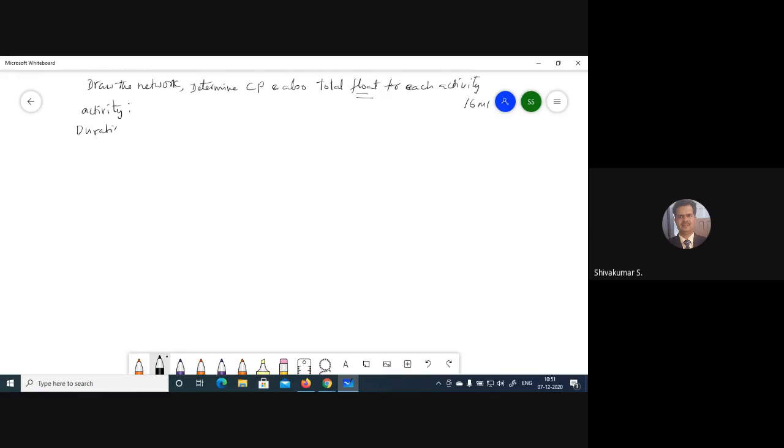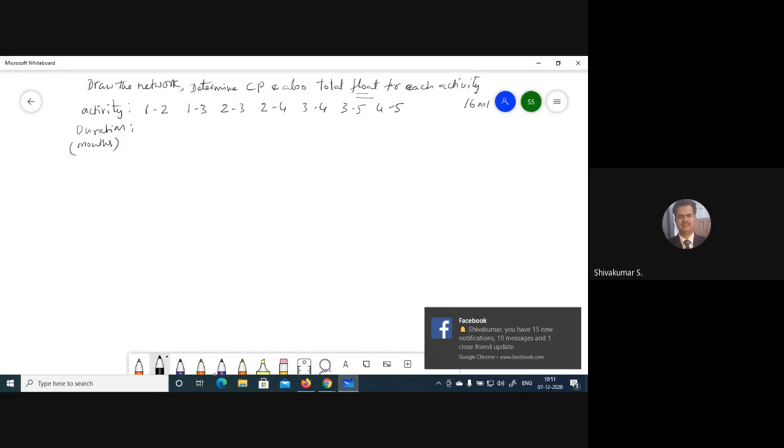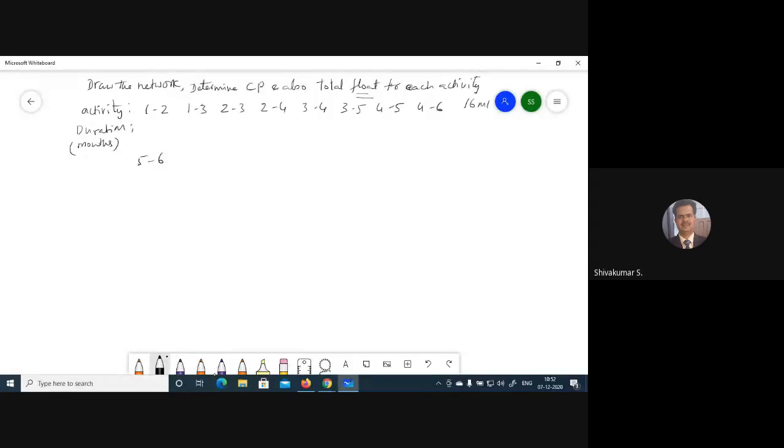Duration in weeks, or months, sorry, months. Activities: 1 to 2, 1 to 3, 2 to 3, 2 to 4, 3 to 4, 3 to 5, 4 to 5, 4 to 8, 5 to 6, 5 to 7, 6 to 7, 6 to 8, 7 to 8.